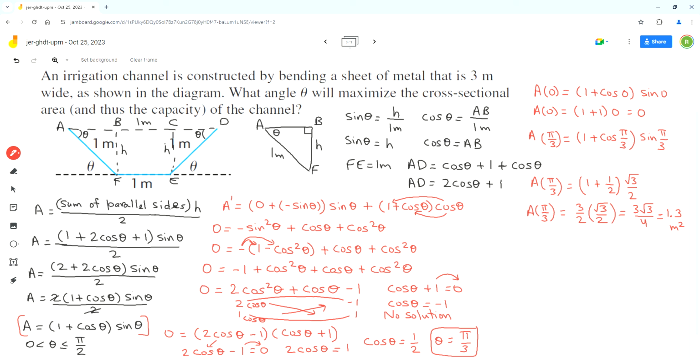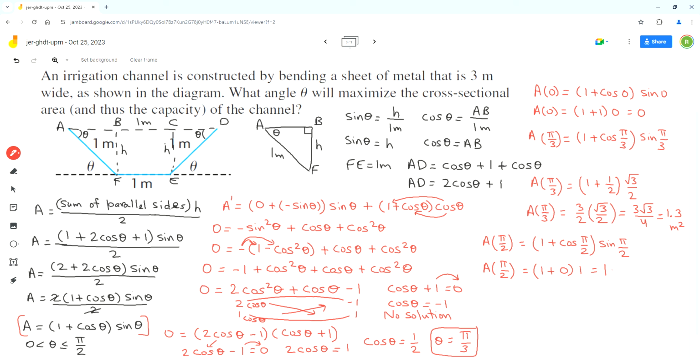Now we can do the calculation for pi over 2. Now cos of pi over 2 is equal to 0 and sine pi over 2 is equal to 1. So 1 plus 0 is 1 and 1 times 1 is 1.